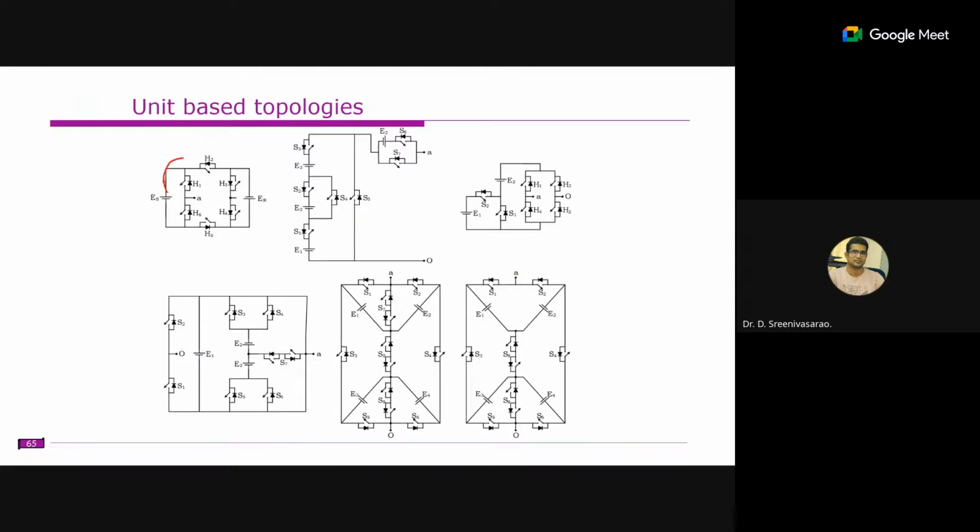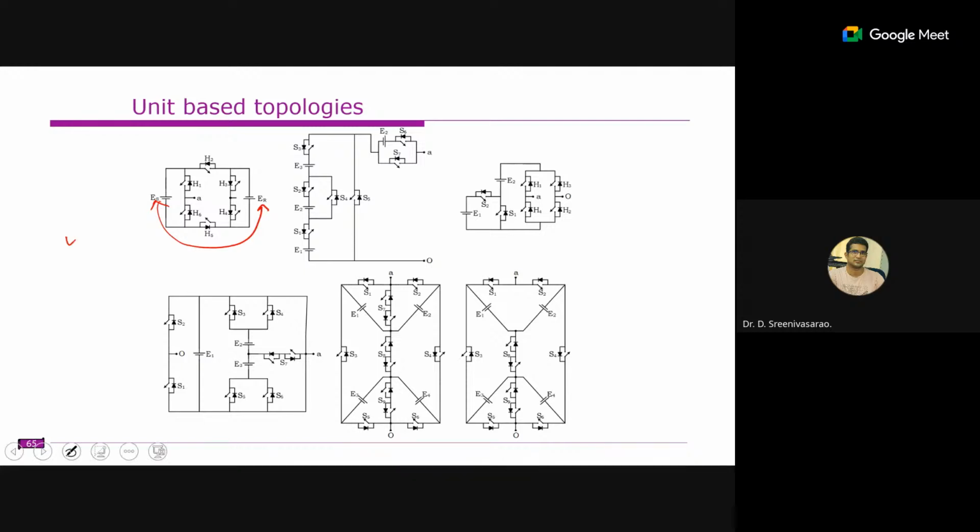Somehow we need to bring these two in series, right? So that means if you're turning on this switch, and somehow turning on this switch, right? And somehow we properly operate this one, so we can add these two together, we can subtract these two, and also we can add in the negative direction.